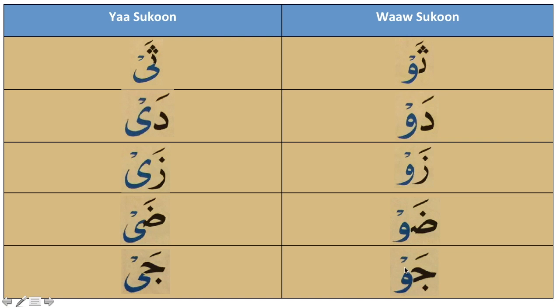So jim fatha waaw sukoon, jow. Jim fatha ya sukoon, jay. Jawjay. So from top to bottom: Thawthay, Dawday, Zawzay, Dawday, Jawjay.